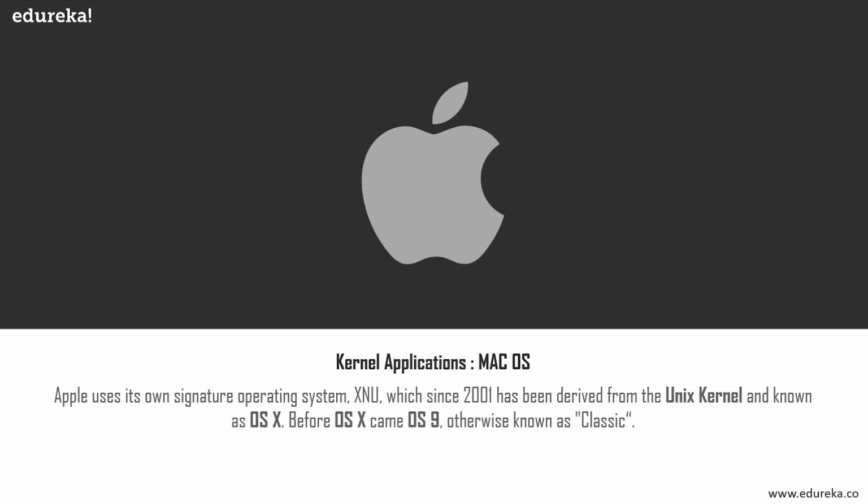What Apple did as a company was put a pretty skin on your basic Unix kernel to make an OS of its own. Apple uses its own signature kernel, XNU, since 2001, which a lot of people do not know has been derived from the basic Unix kernel. Back then, it was known as OS X, which later became XNU.